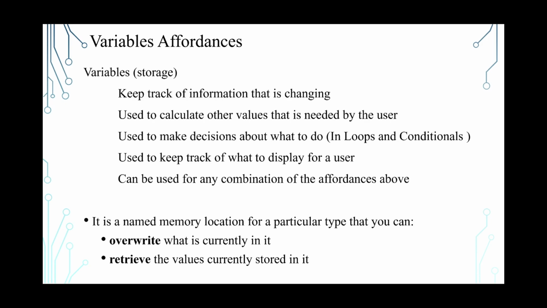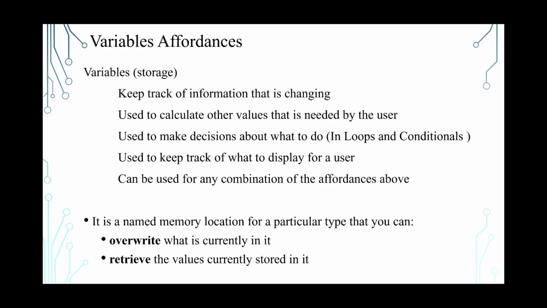They are used to calculate other values that are needed by the user, used to make decisions about what to do in loops or conditionals, used to keep track of what to display for a user, and can be used for any combination of the affordances above.